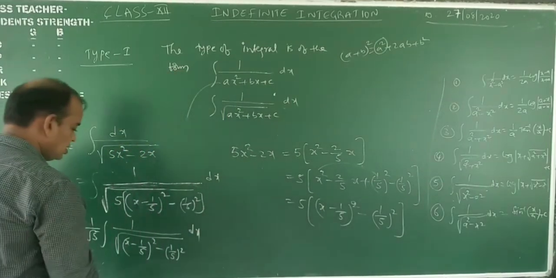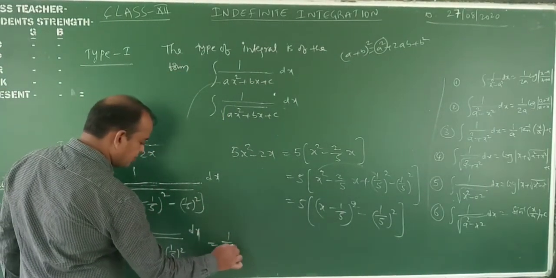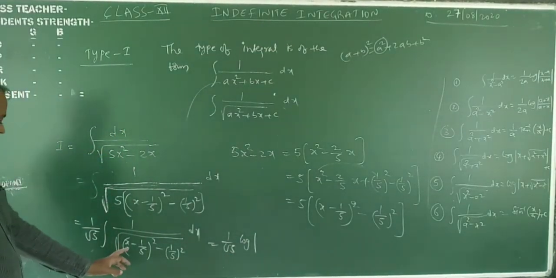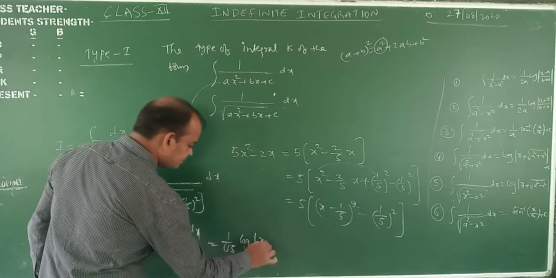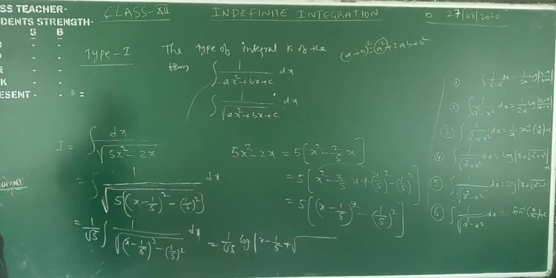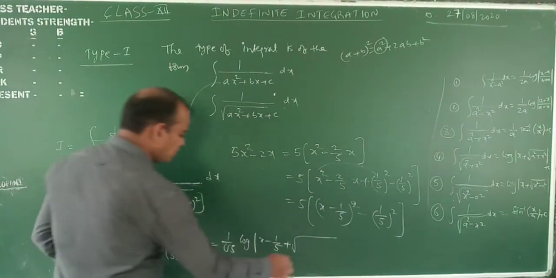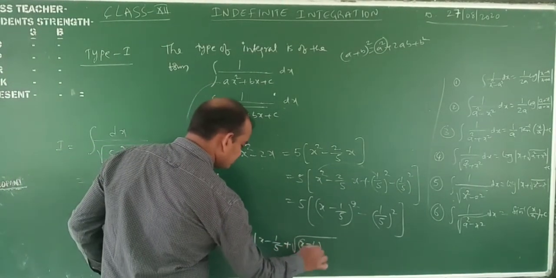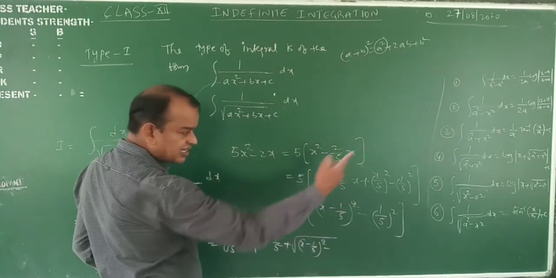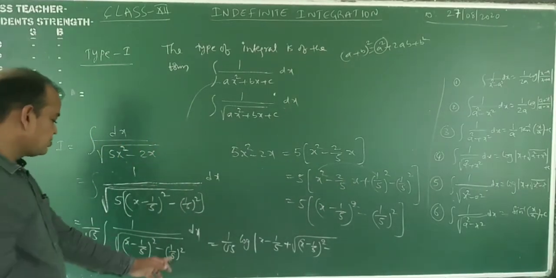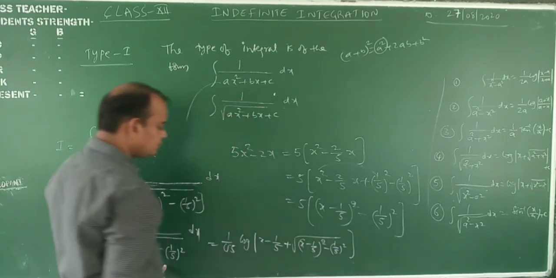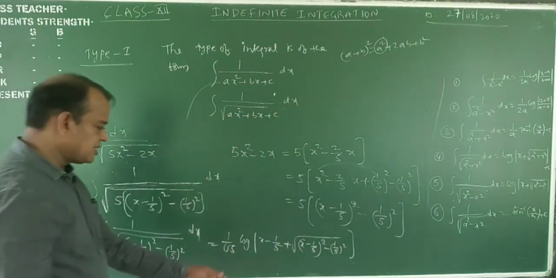That is equal to 1 by root 5 into log mod x plus root over x square minus a square, where x means x minus 1 by 5 and a square means 1 by 5 whole square. Okay, my dear students, what happened to this one? Plus c.